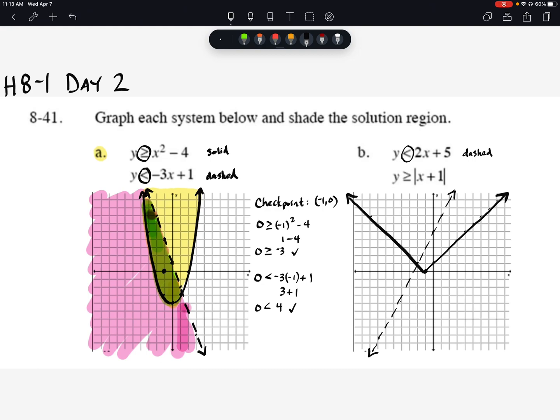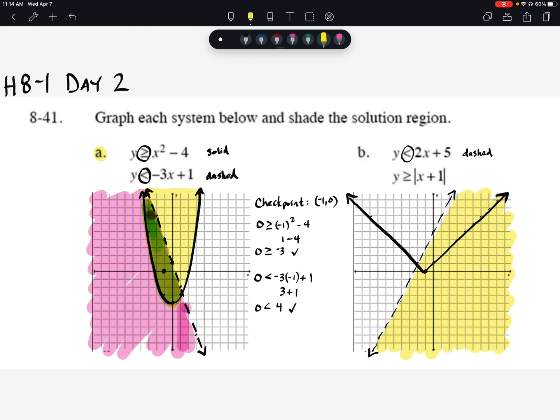And now we'll look at our shading. So we're looking for everything that is beneath our line 2x plus 5. So we'll shade that one in yellow, everything that's beneath the line. These are all solutions to that first inequality.